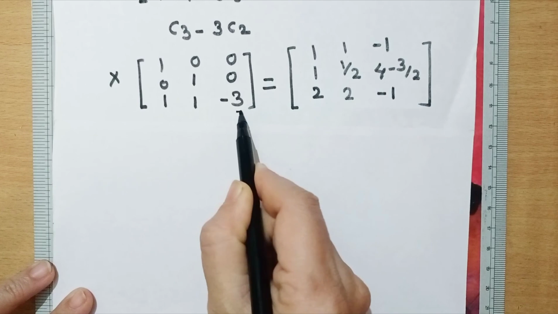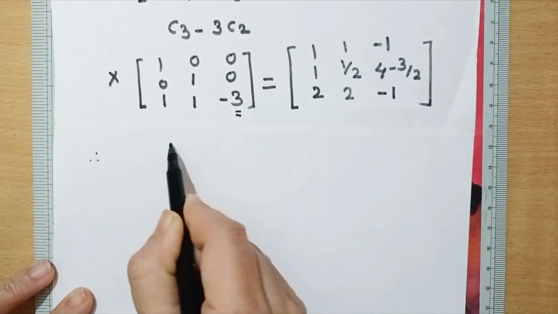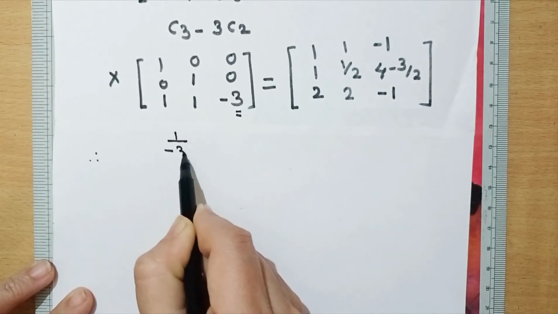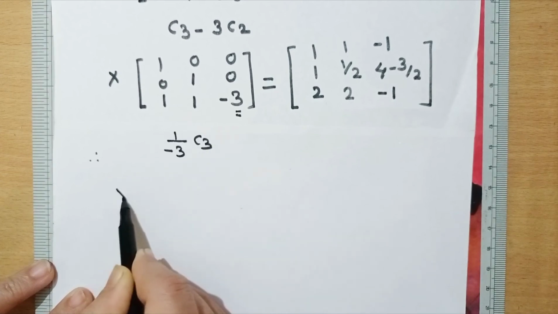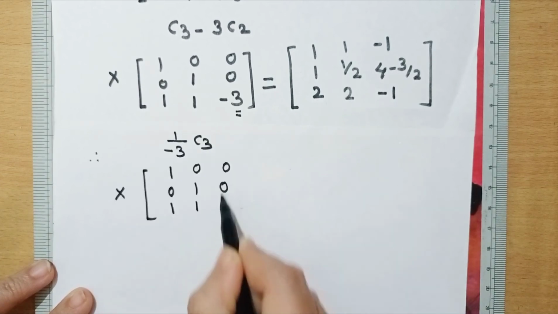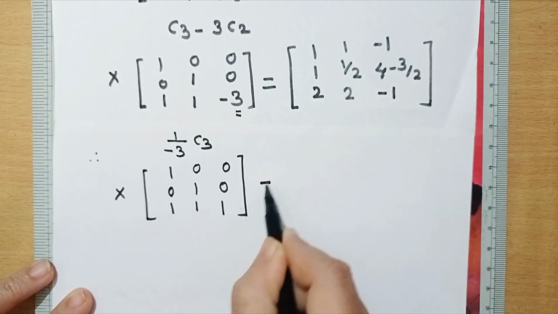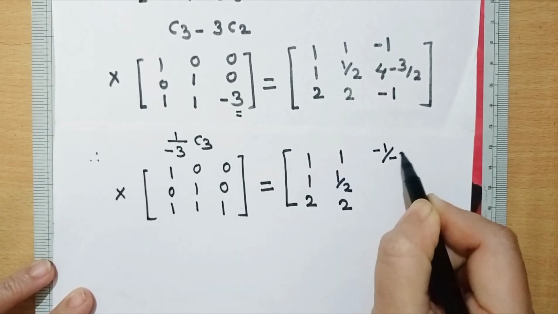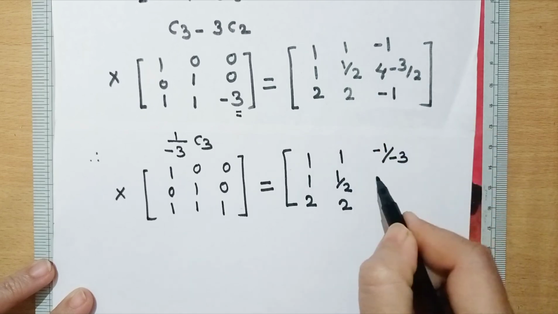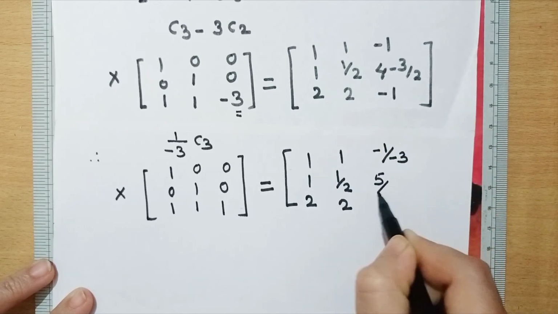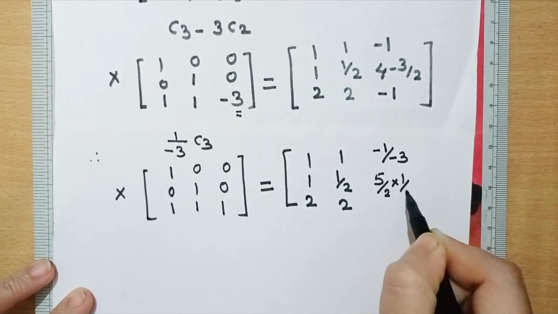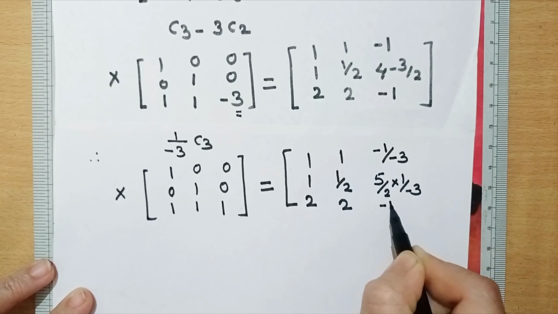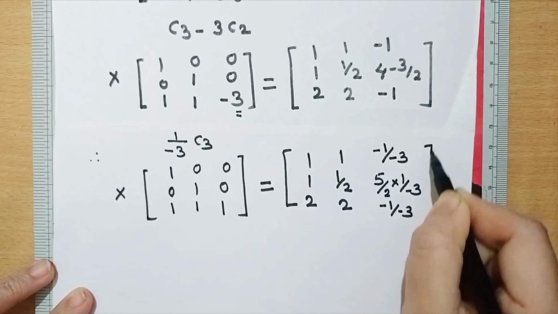We will make this element 1, and therefore 1 upon minus 3 C3 gives X first and 0, 1, and that is equal to, and here minus 1 upon minus 3, 5 by 2 into 1 upon minus 3, and here minus 1 upon minus 3.